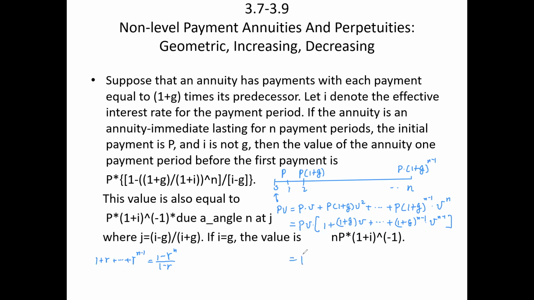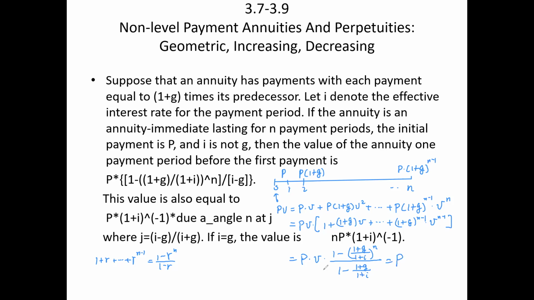So we have PV times 1 minus (1 plus G over 1 plus I) to the n divided by 1 minus 1 plus G over 1 plus I. Okay.